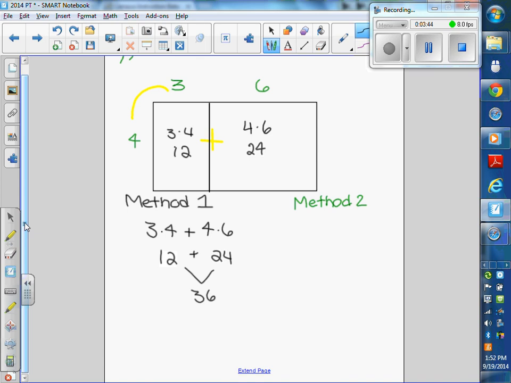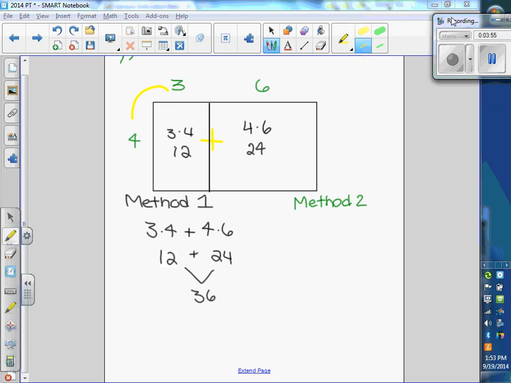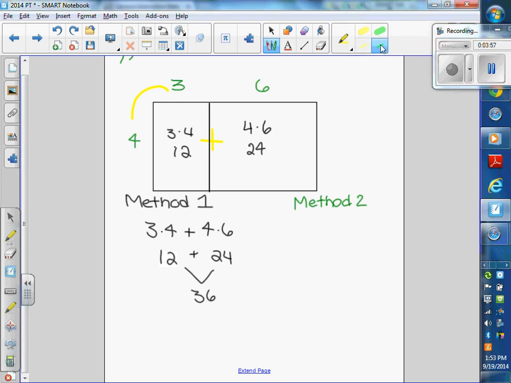Okay, so let's try a second method. We'll try a second problem, okay? So the other method would be to think of this rectangle as one big rectangle, which we also talked about, but we didn't focus on it.